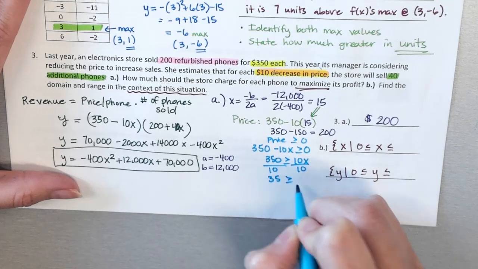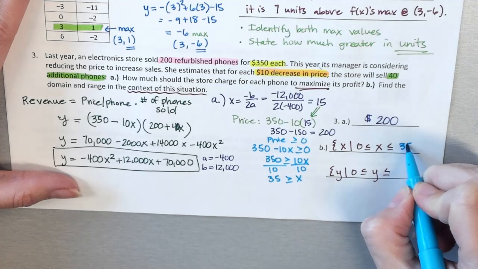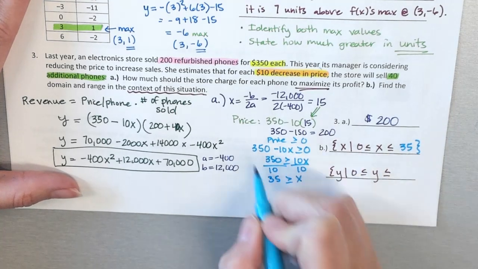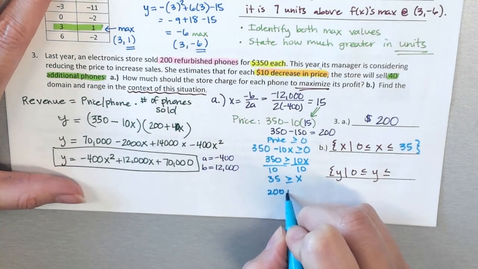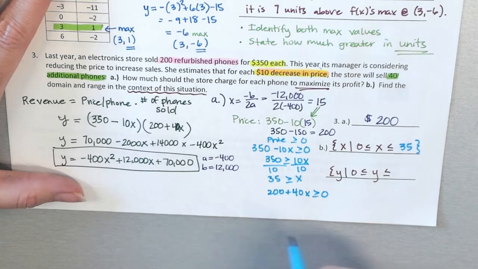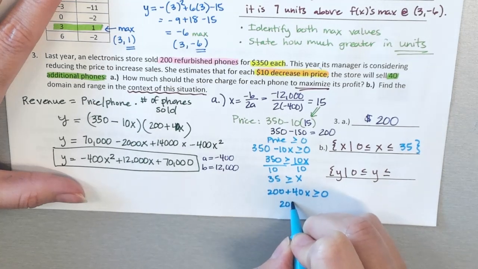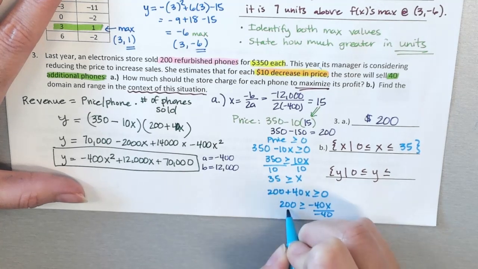And then did you guys get 35? X is less than 35, so that's going to go here. Now, when you do the other one, because the number of phones sold has to be positive, remember what always happens with the other one? What kind of value do you get? Yeah, you get the negative value.